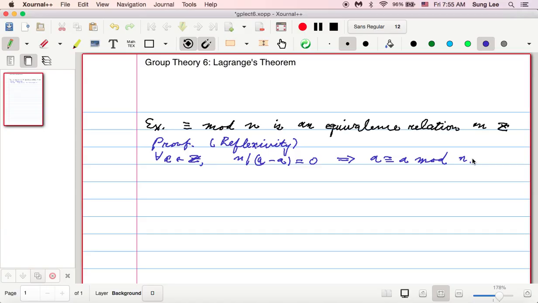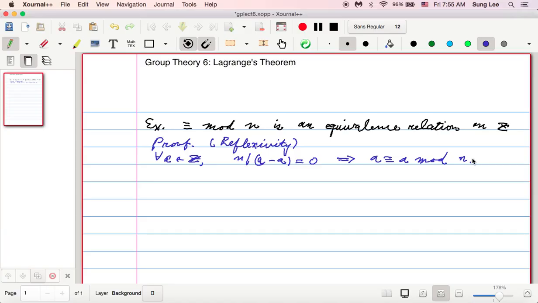It's very important because that allows us to come up with a new group structure. This equivalence relation plays a very important role, not only in algebra but also in number theory, even cryptography.